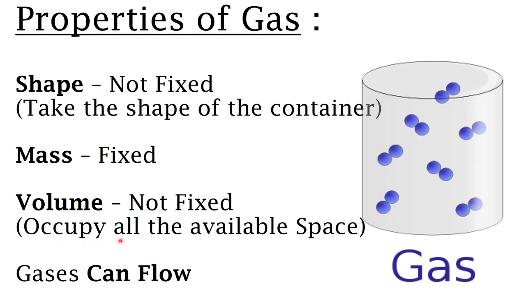They occupy all the available space. Also, gases can flow. If you look here, you can see that the full volume of the container is occupied by the gaseous particles. They do not have fixed volume nor fixed shape, but they have fixed mass.